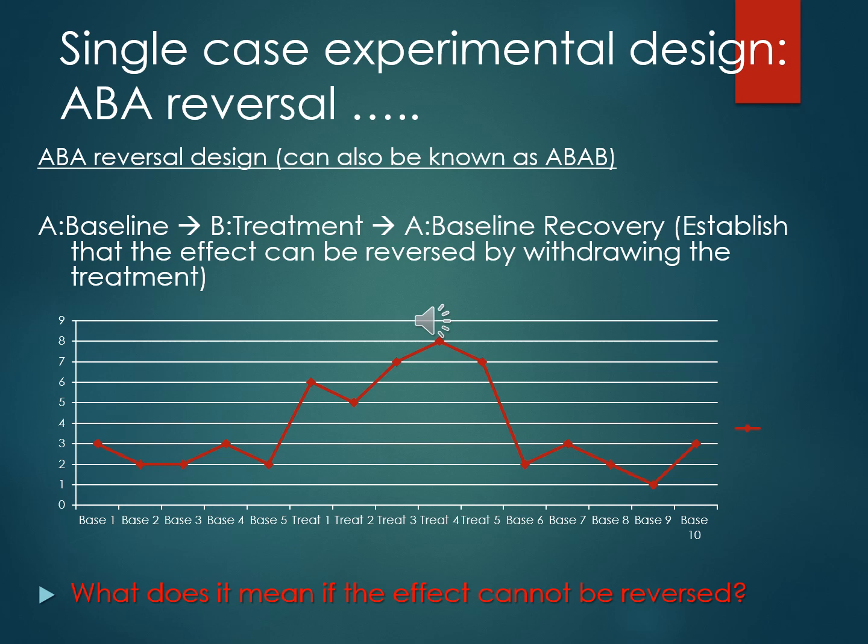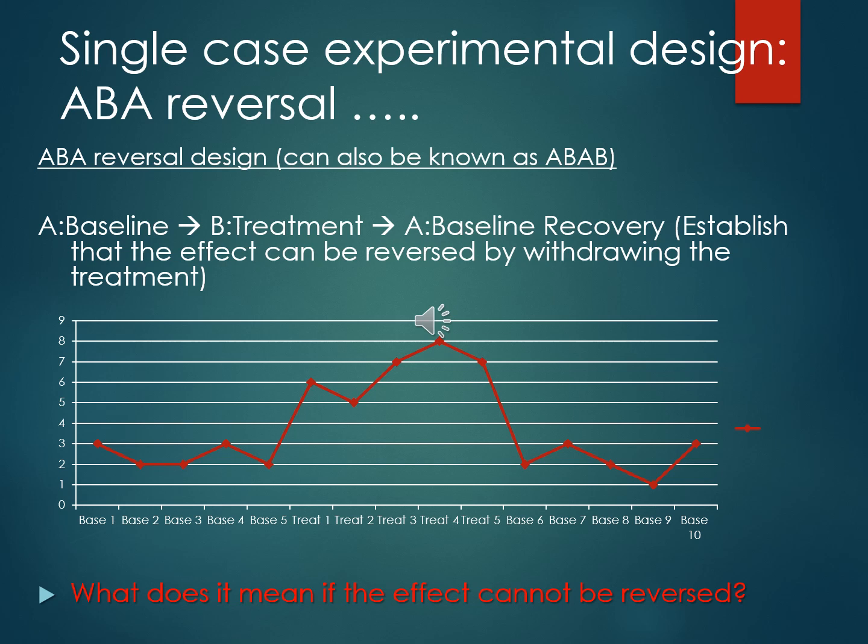This means treatment can be reversible by withdrawing the treatment. So this means the effect that you observed during the treatment is very likely to be due to treatment, not due to development or practice or any other effect.